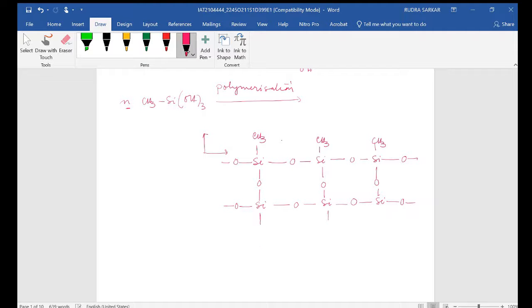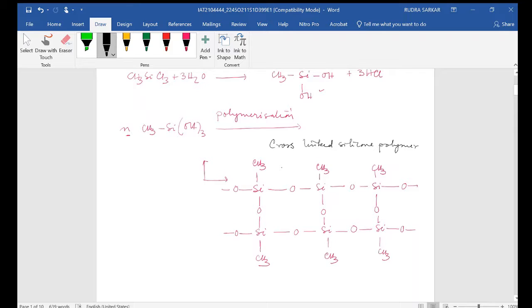So this is going to be our CH3 and so on. So this is our cross-linked silicon polymer.